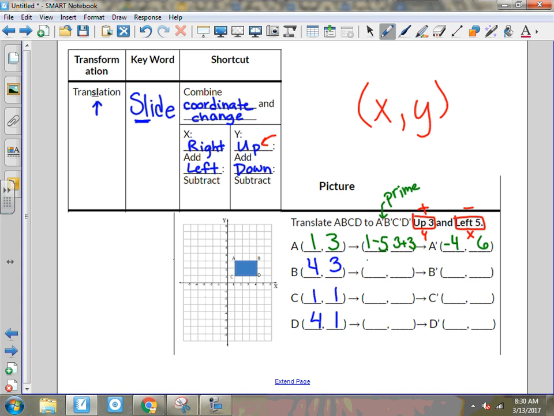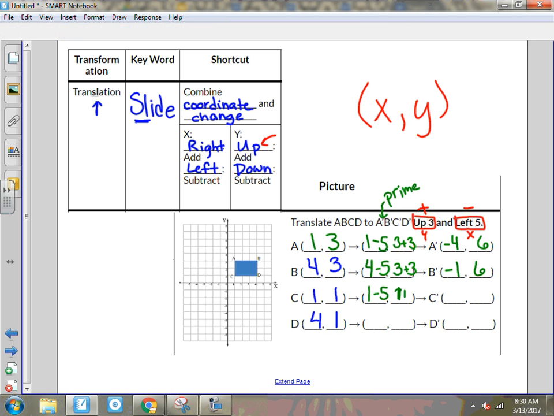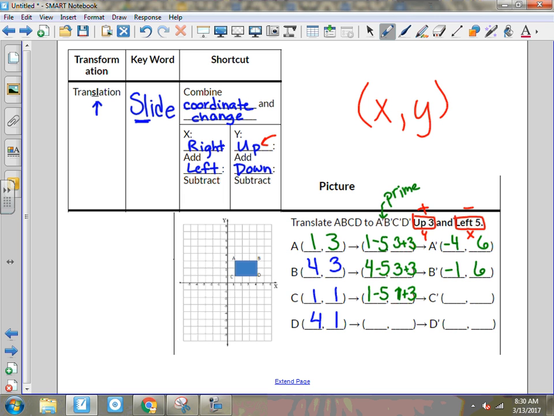So B, I started at 4, and again, I'm going to subtract 5. Then I'm going to do 3 plus 3. That's going to give me a negative 1, 6. Then I've got 1, subtract 5 again, and then 1, add 3. That's going to give me 4 over here, and negative 4 over here.